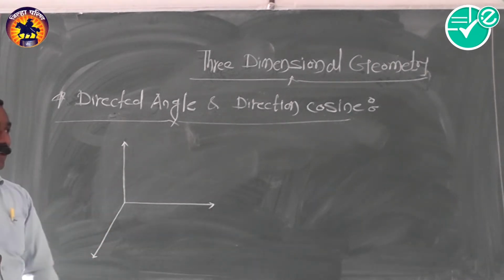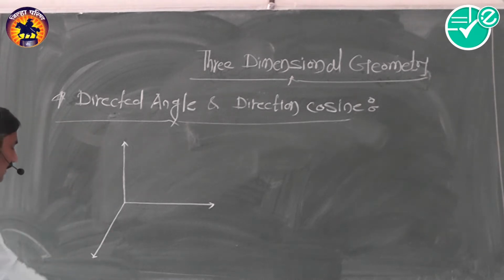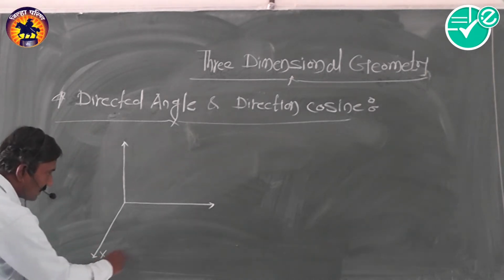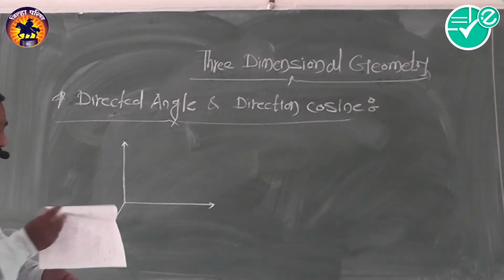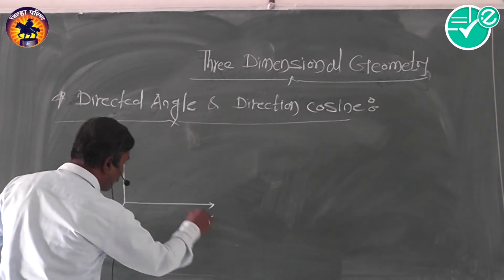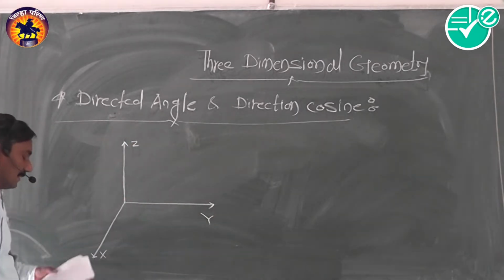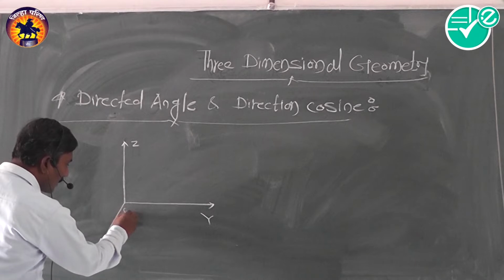Now in two-dimensional, we have seen x and y axis, but here in three-dimensional geometry, there are three axes: x, y, z. Now this is the origin.